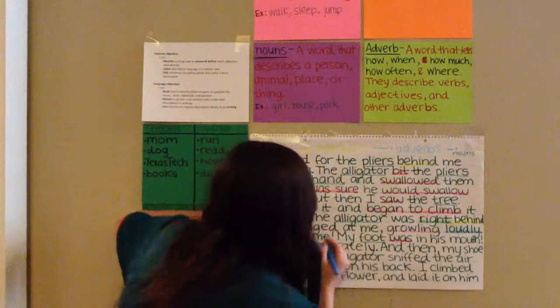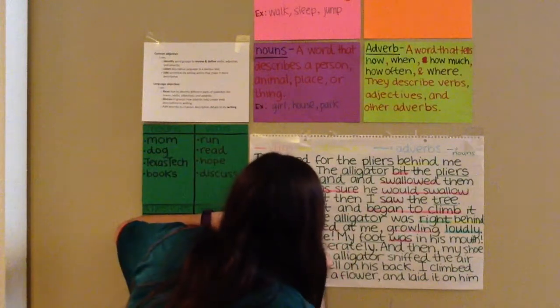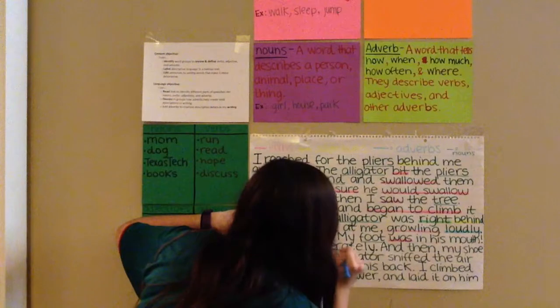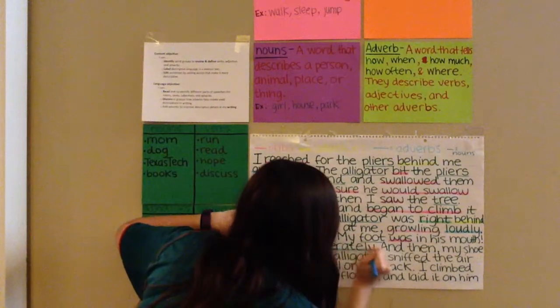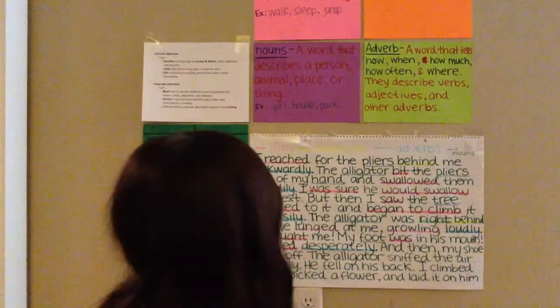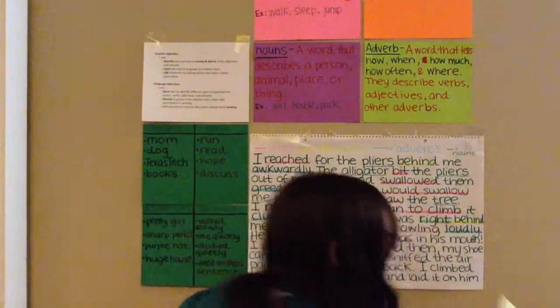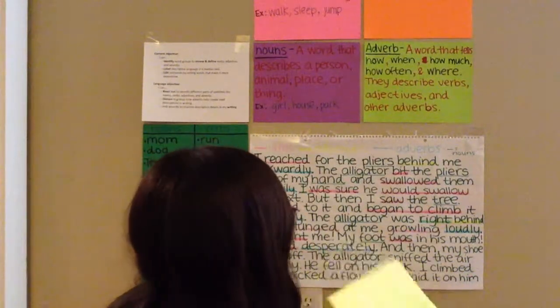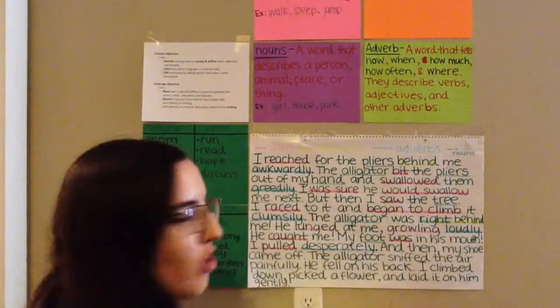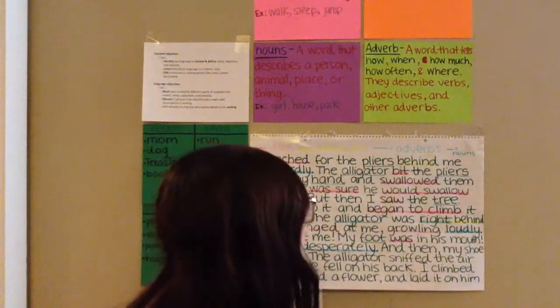Desperately. So again, use your sentence stem and tell your partner what verb is being modified by the word desperately. Good. So you can use this sentence stem and say the author used the adverb desperately to modify the verb pulled. This is helping describe how he was pulling for his foot.